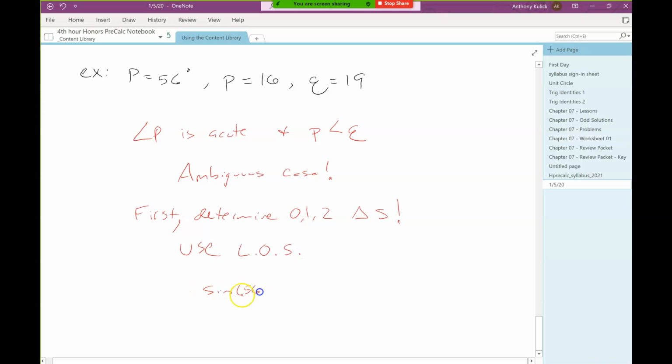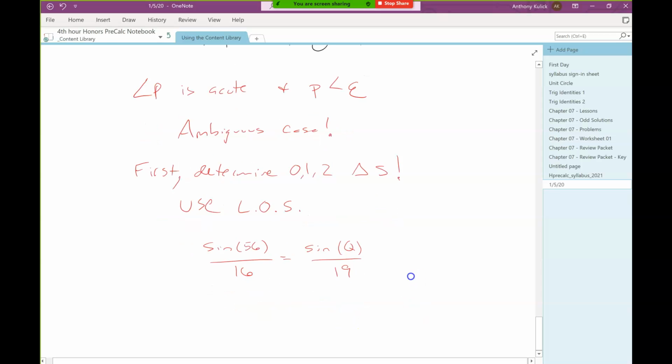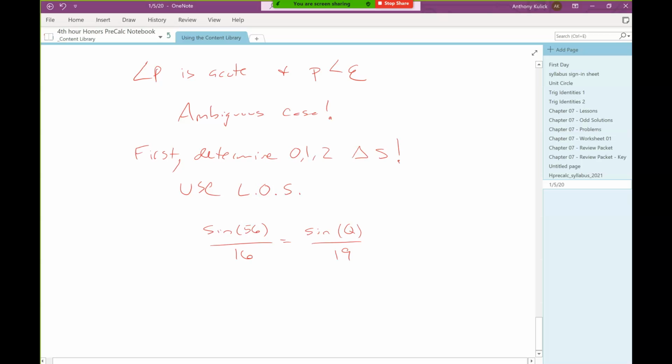I'm going to have sine 56 over 16 equal to sine of Q over 19. So I'll cross multiply and divide. And I'm going to stop here. Rather than doing the sine inverse, I want to see what this number, 19 times sine 56 over 16, actually is.